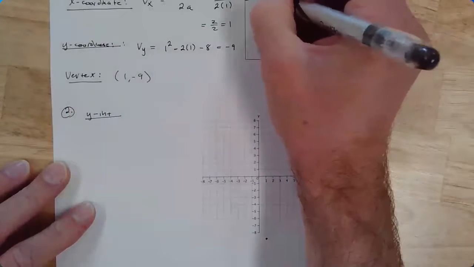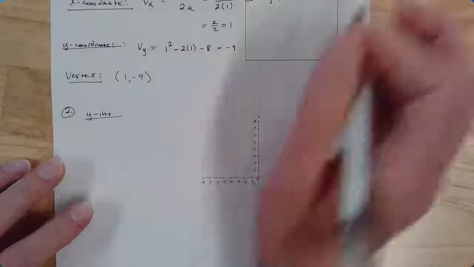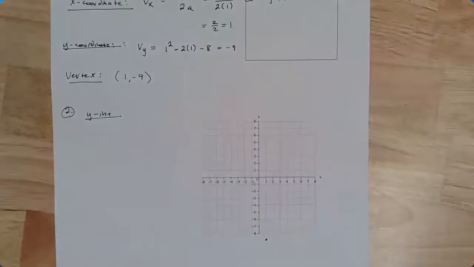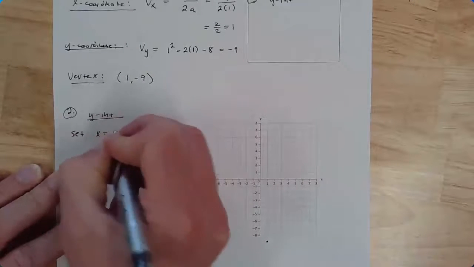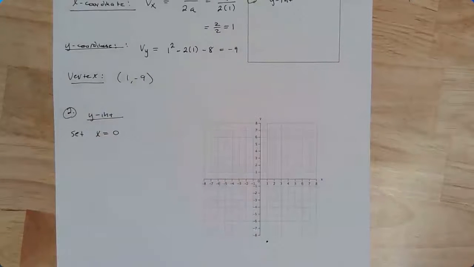Finding the y-intercept is the same process no matter what kind of thing you're graphing, whether it's a line, a parabola, a polynomial, some other kind of function, a trig function. The way you find the y-intercept is by setting x equal to 0. Because the y-intercept is always on the y-axis where you have not moved left or right, which means x has to be 0.